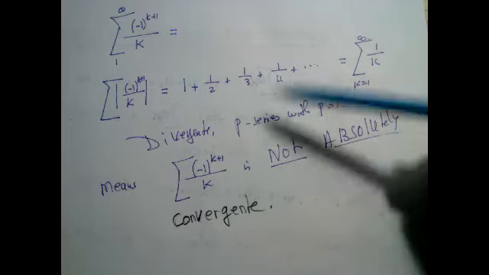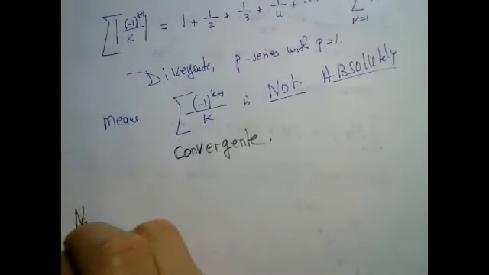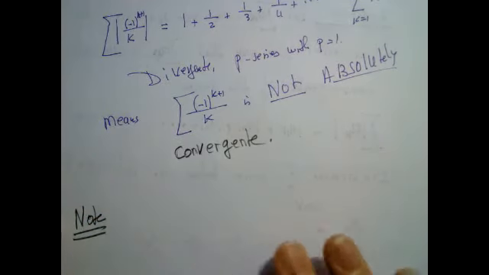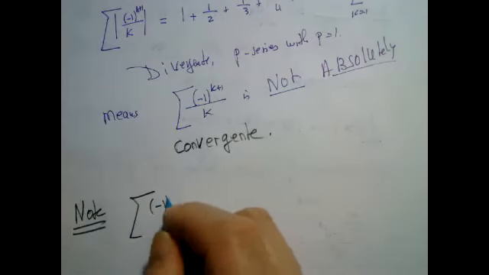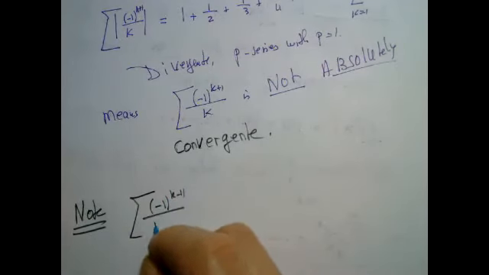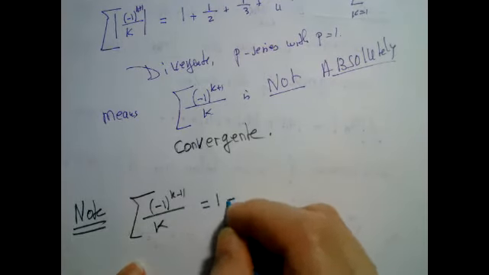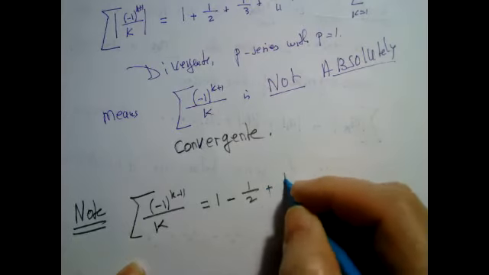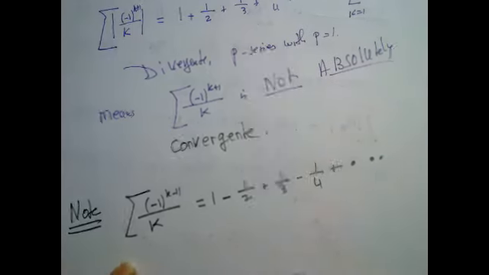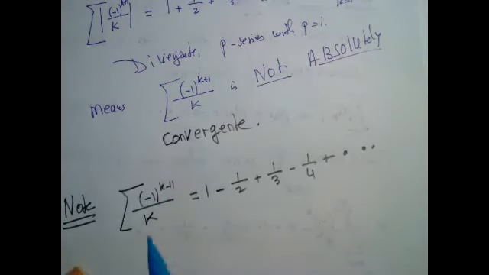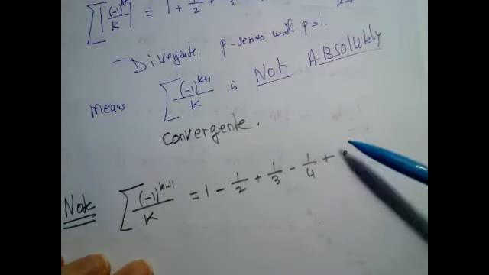So let us look at this series here. Let's look at this one. What's really going on? Let us note something. Note that if I take this series, sigma of (-1) to the k plus 1 over k, it means this original one, which is 1 minus a half plus a third minus a fourth, etc. If I take this series the way it stands, this alternating series, does it converge?